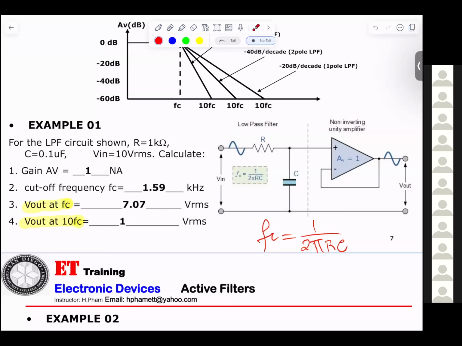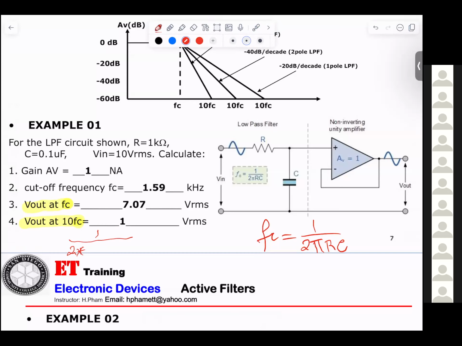You can use your calculator. You can do everything. Okay, so basically you can see 1 over 2 pi.